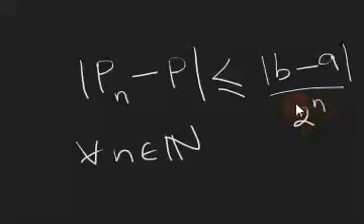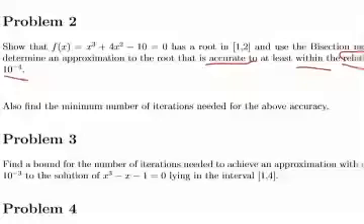This is very important to find the number of iterations to that accuracy. So we need to find the number of iterations for the accuracy 10 to the minus 4.